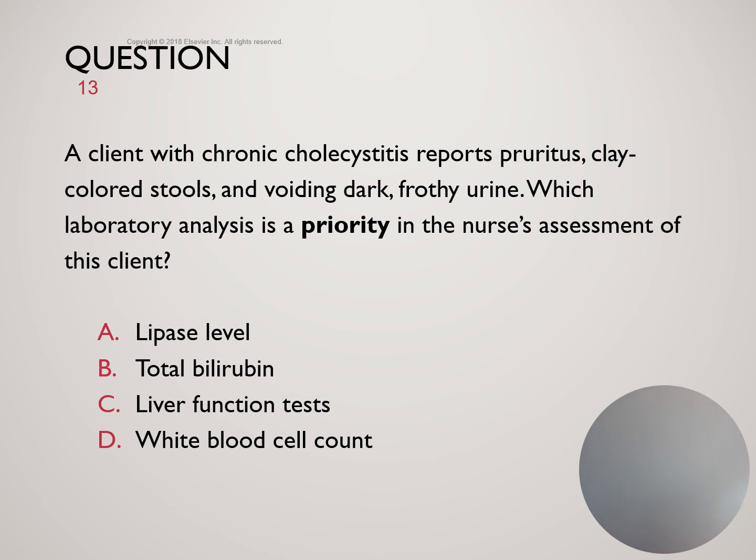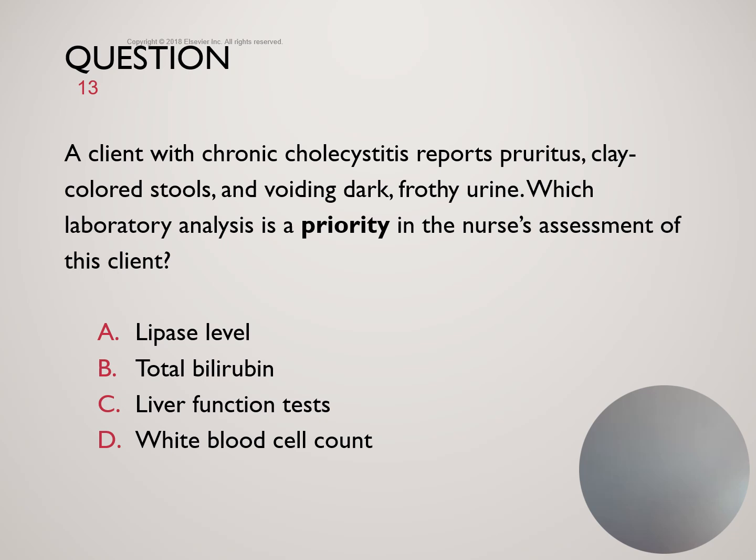A client with chronic cholecystitis reports pruritus, clay-colored stools, and voiding dark, frothy urine. Which lab analysis will be a priority in the nurse's assessment of this client? The correct answer is B. Excess circulating bilirubin will be present with chronic cholecystitis and is responsible for pruritus and changes in the stool and urine color.